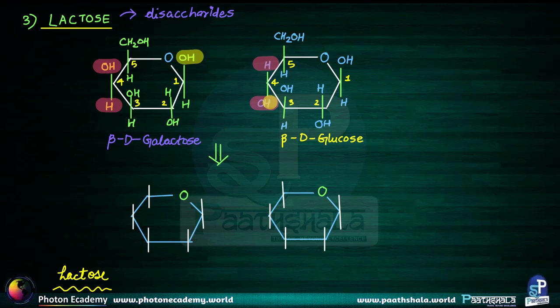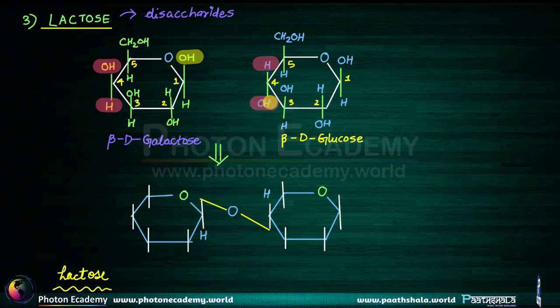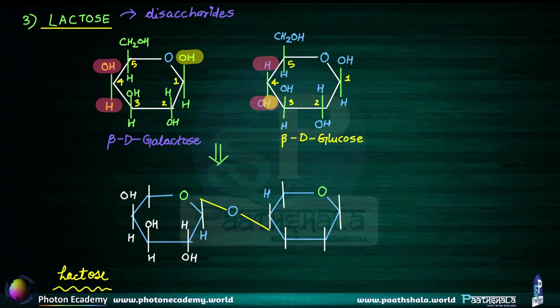When we lose these, an ether bond is formed over here, and the rest of the atoms remain at their places where they were originally. So now we have the glycosidic linkage, and it is between the C1 of beta D galactose and the C4 of beta D glucose.